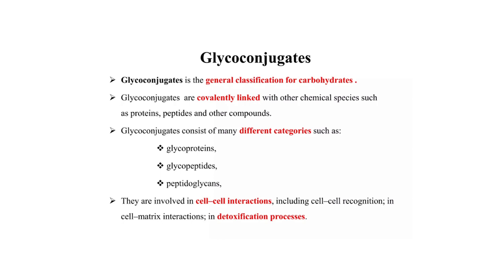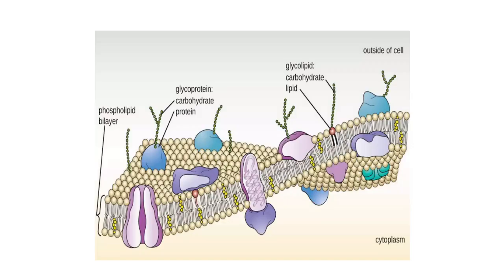In the category of glycoconjugates, you have glycoproteins, glycopeptides, and peptidoglycans, and these are basically involved in cell-cell interactions and recognition of different motifs or domains. They perform several important roles in cell matrix interactions and in detoxification processes.